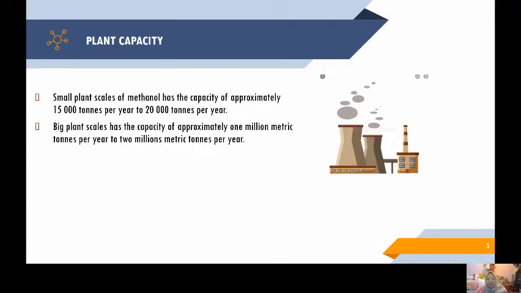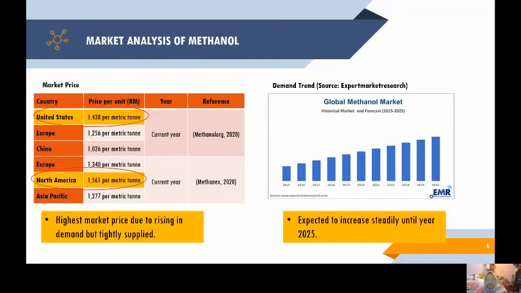So for market analysis of methanol, based on these two references, which are Methanolog and also Methanex, the United States and also North America have the highest market price due to rising demand but tightly supplied. So probably another reason is due to the pandemic that occurred this year.